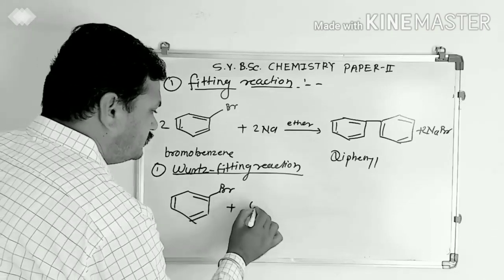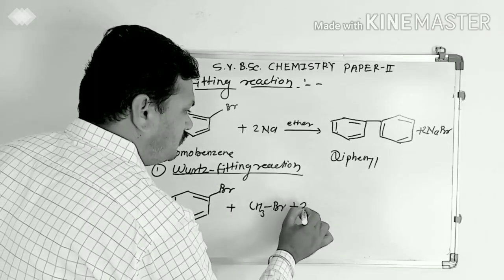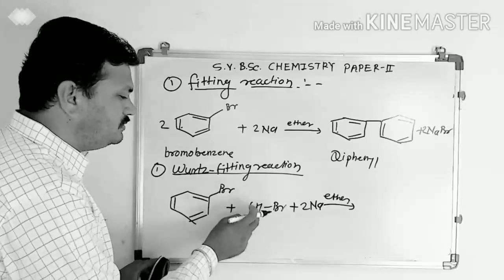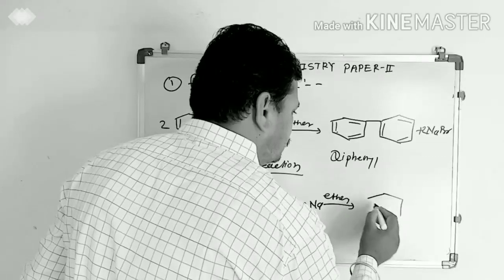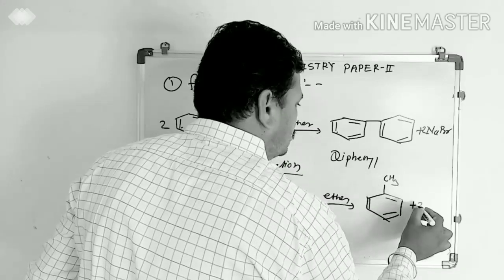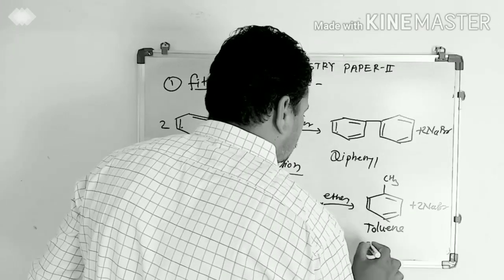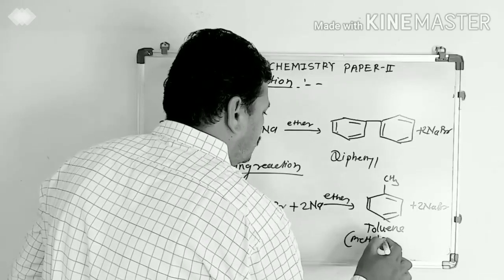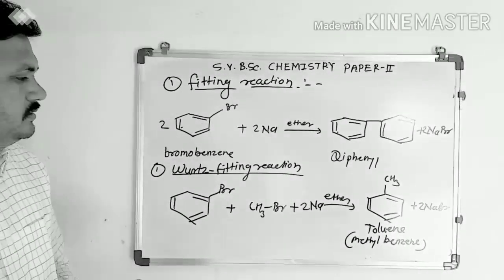When it is treated with methyl bromide in presence of sodium metal in dry ether, then there is coupling of this aryl group and this alkyl group, and we get the product. It is aryl alkyl. It is toluene, or it is methyl benzene. It is the product.